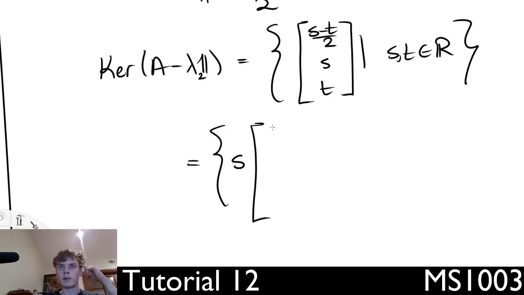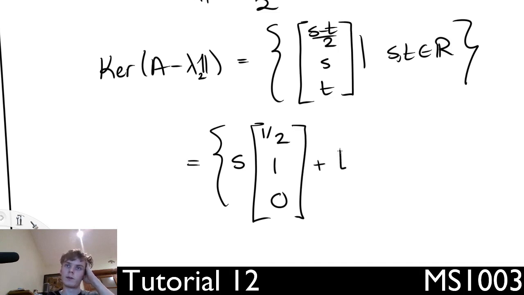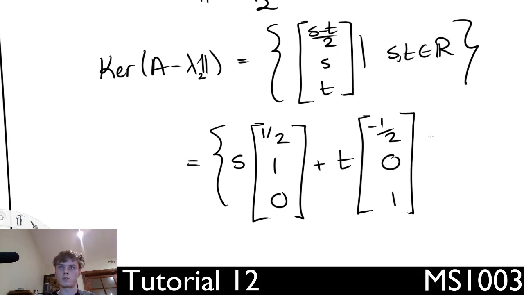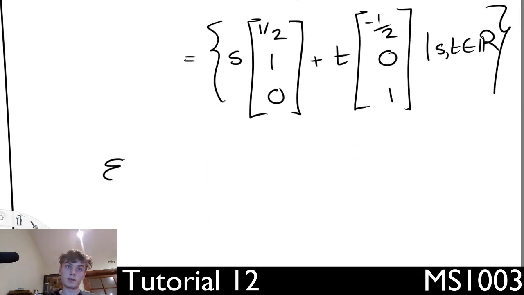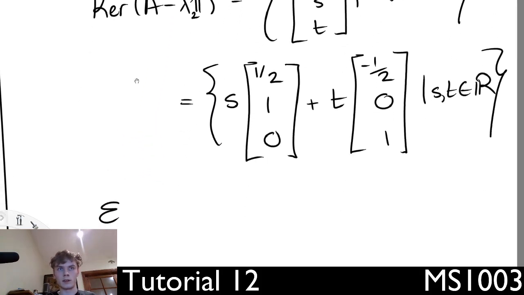So f times the first vector is going to be a half, f over 2, and then 1 here and 0 here. Then I'm going to have t times minus a half here, 0 here, and 1 here. That's f, t real numbers. And this is my eigenbasis, or the eigenspace. This is the eigenspace.